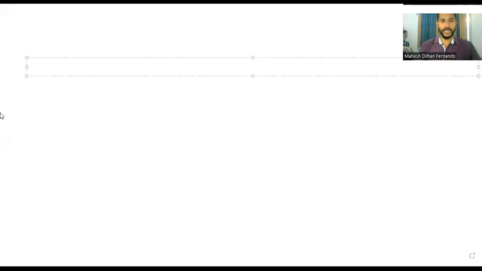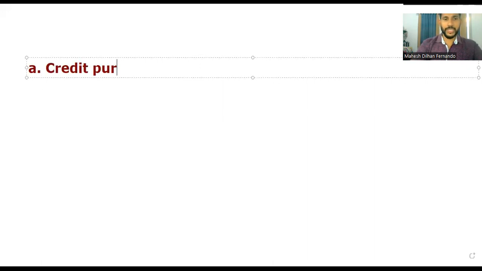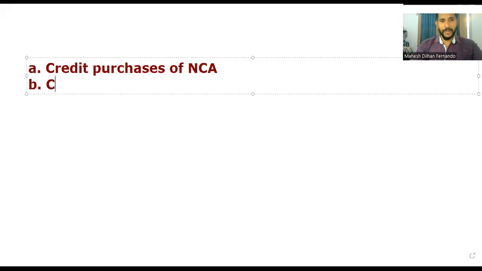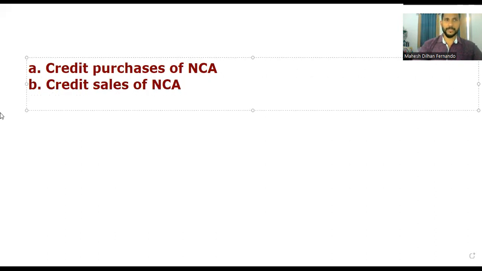In the general journal we record: A, credit purchases of non-current assets. Next, credit sales of non-current assets. C, drawings of goods.